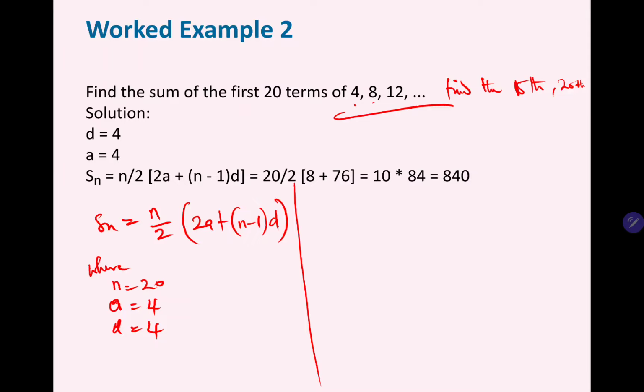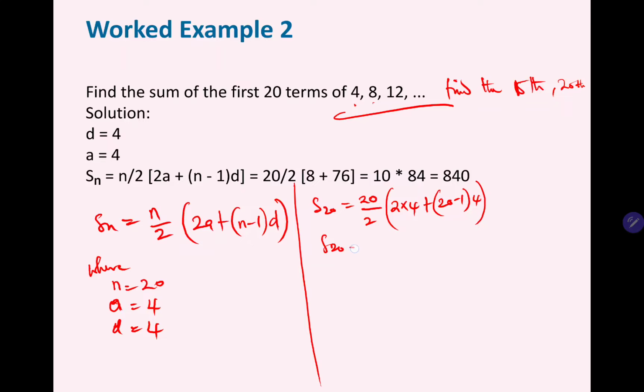From the formula, S20 will be equal to 20 over 2 into 2 times 4, which is the first term, plus 20 minus 1 times what? 4, which is the common difference.